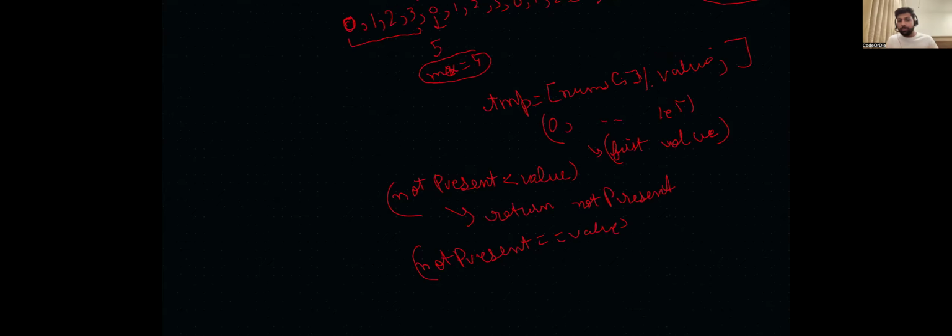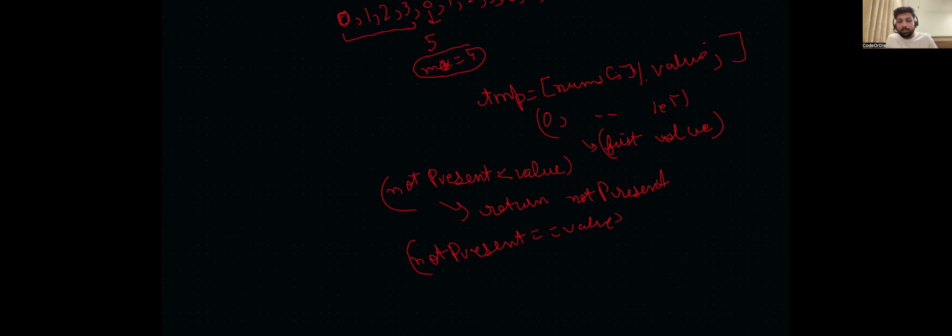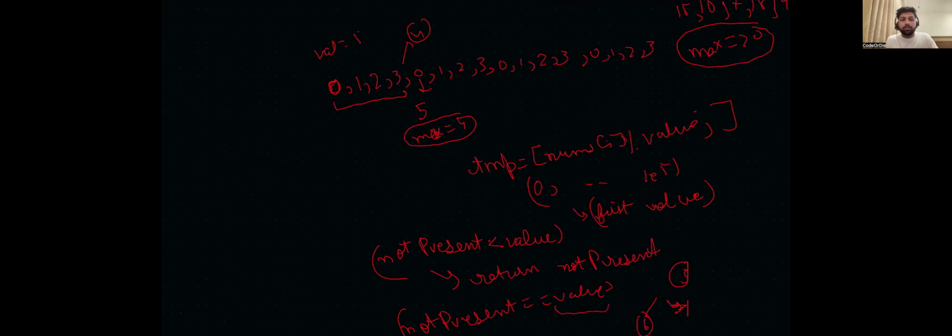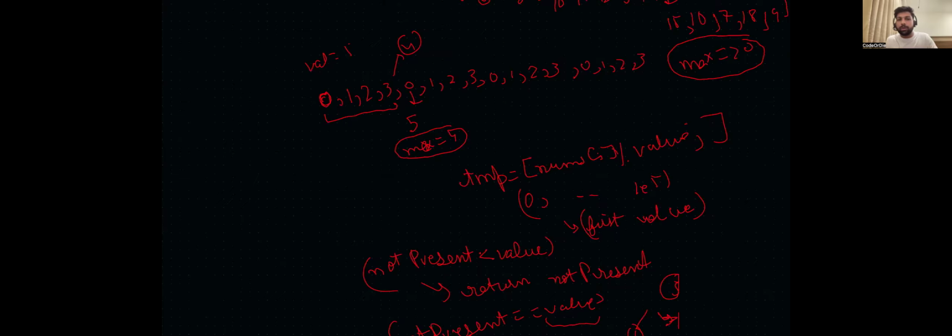And one more thing, the first not present value cannot go beyond value. It means that if value was 5, then the first not present value cannot be 6. It's impossible. How? Because we are creating these remainders.